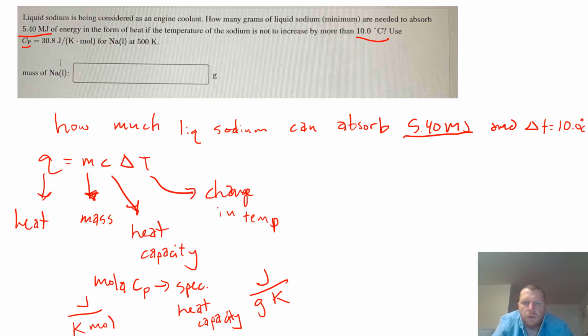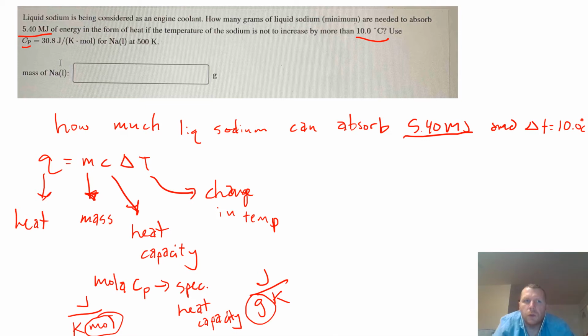So essentially what this means is that if you have 1 mole of liquid sodium, well then you need 30.8 joules of energy to change the temperature of 1 mole by 1 degree. Okay, what we need to do is basically convert this so that rather than this mole factor in the denominator, we have a mass.